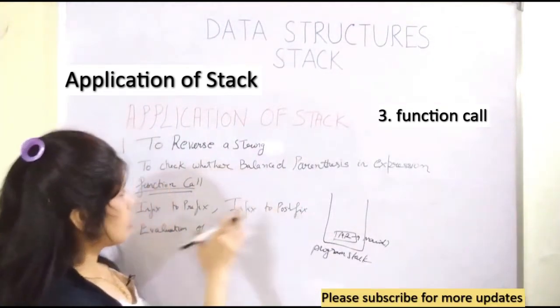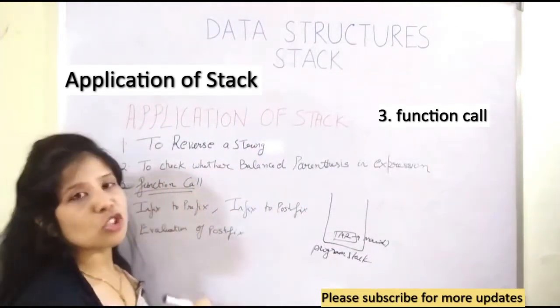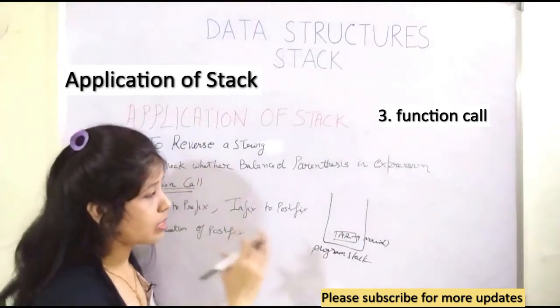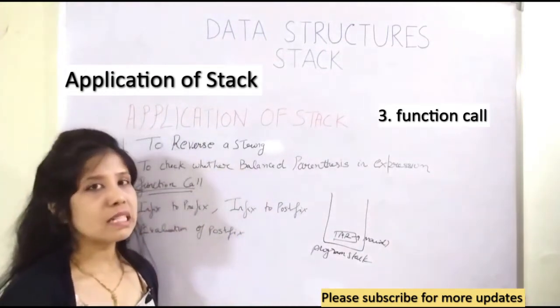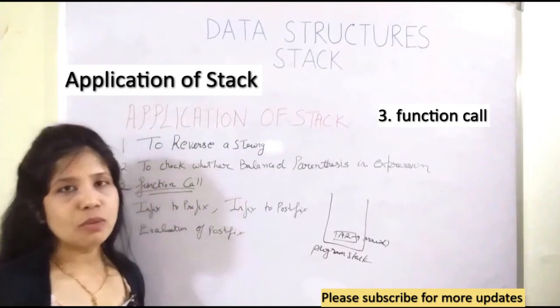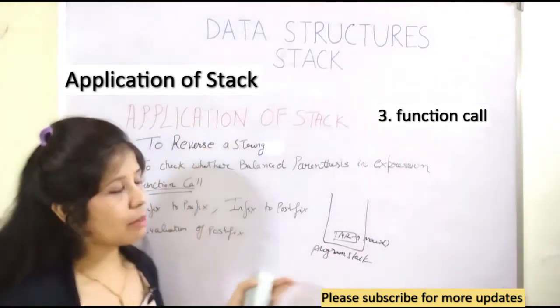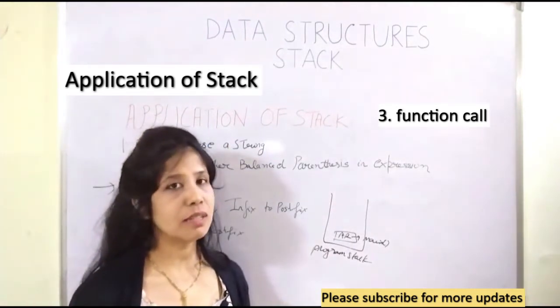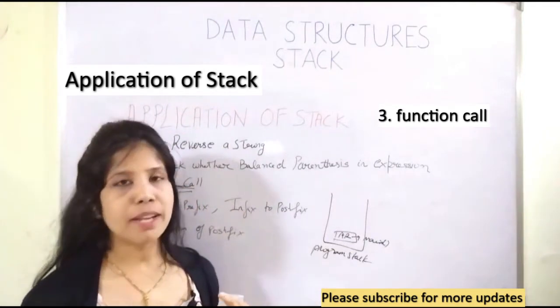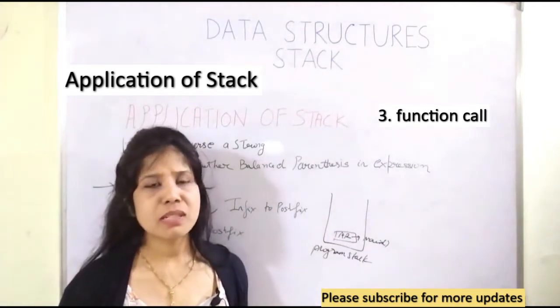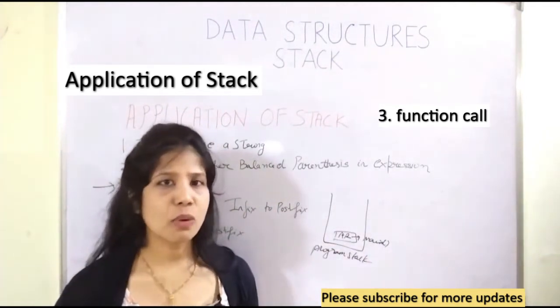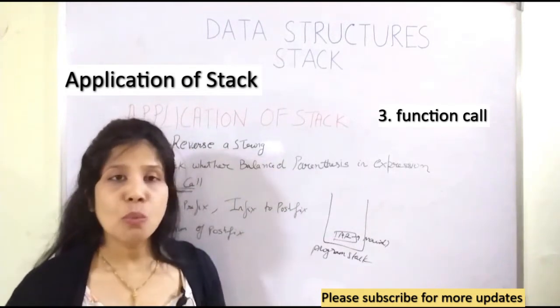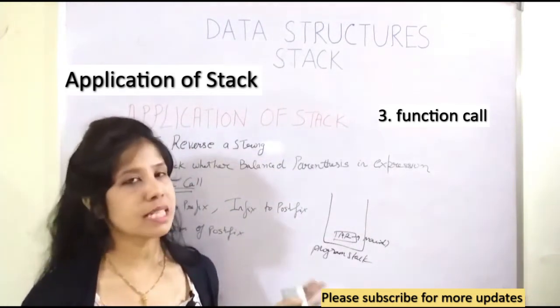So this is where the stack is used very majorly in the case of function calls. You can understand how important the stack is. We don't know actually what happens in the background, which is why I'm mentioning it in the application itself. When you write a program and there are various function calls, main is calling func1, which is calling func2, what is happening in the background with the stack data structure?